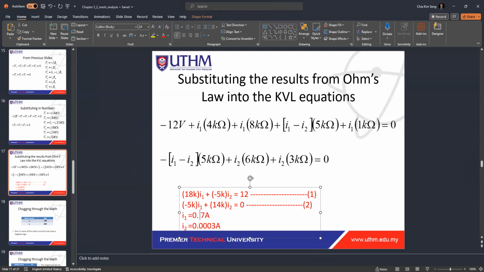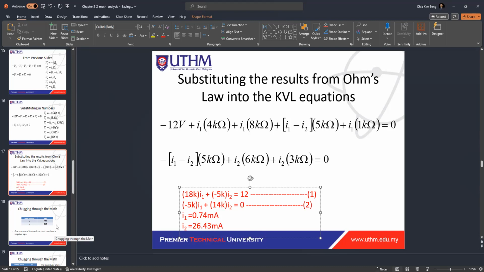So it will be 0.74 milliampere. Okay, and then next I2 will be 0.264 milliampere as well. Hey, no, this one is not milliampere. So the milliampere will be 26.3 milliampere. Okay, so this is from the calculator.